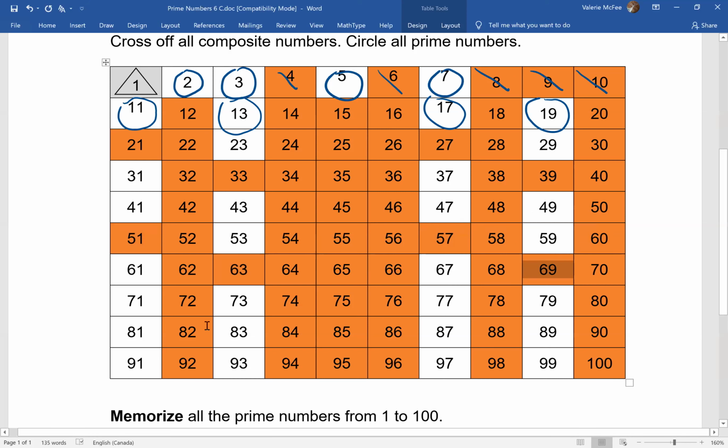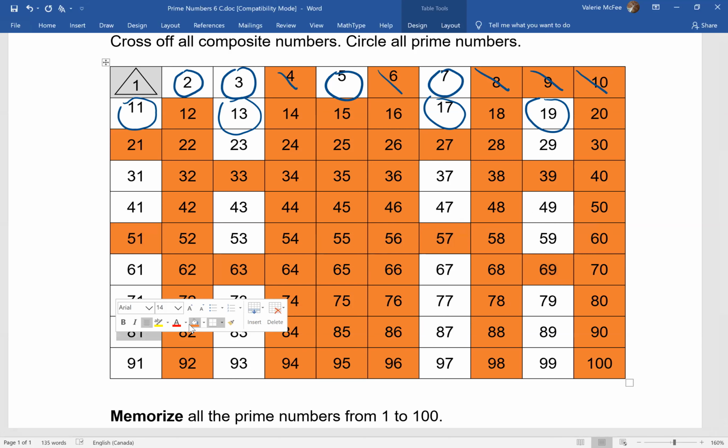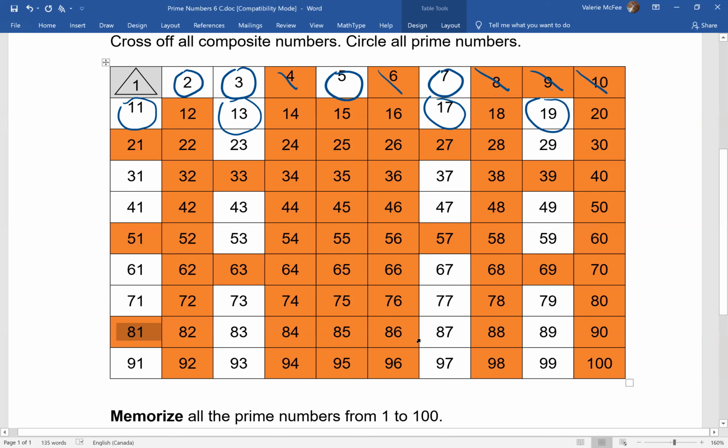None of the numbers left in the 70s are divisible by 3. 81, divisible by 9 and 3. 87, 8 plus 7 is 15. It's divisible by 3.